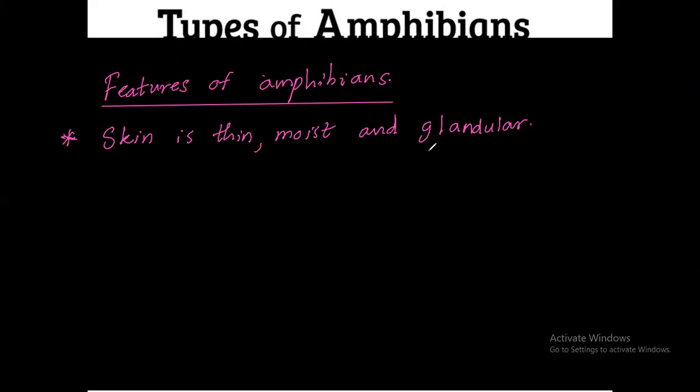Moist surface, moist skin is there because they have glands there. They are producing mucus, like a slippery substance. So that's why we are saying glandular, right? No scales in the skin. Scales, no scales.